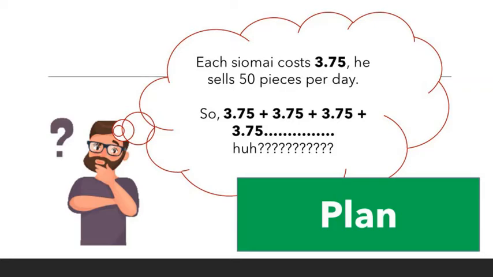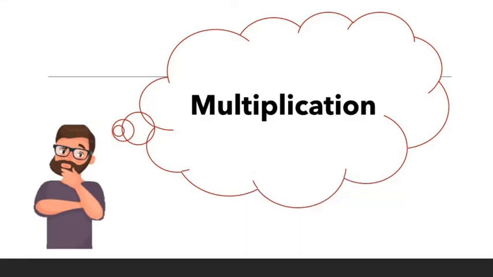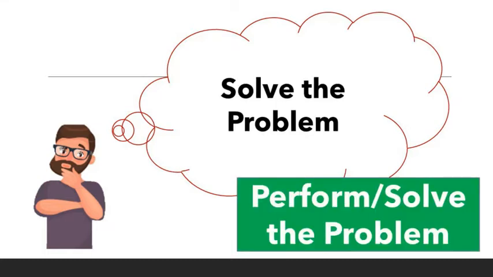Oh, it's a very large number. Aha! I know that adding repeatedly is multiplication. Correct, multiplication is also what I will use to calculate the day. I need a solution to the problem because I already know what I will use. So, let us try and solve.